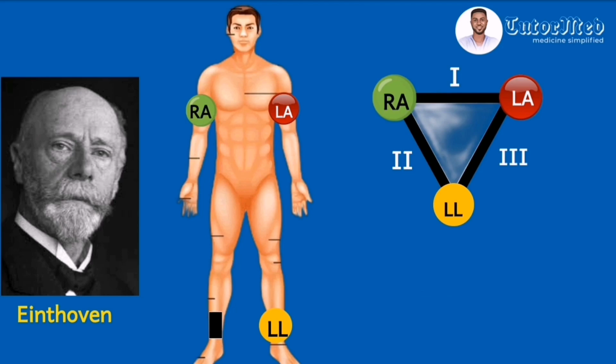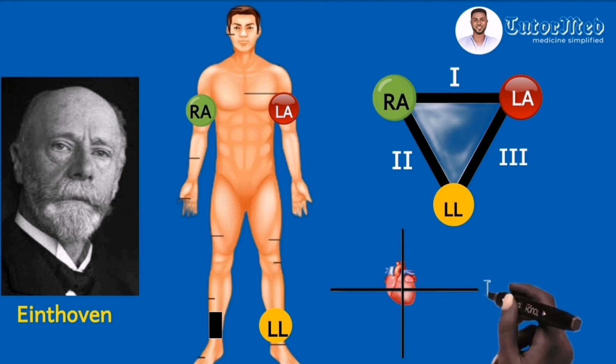Now, with this principle clear and backed, let's move to the significance of leads. Again, we want to simplify this concept without going into the electrophysics. And so this is the heart, and we want to know its electrical activity, right? Now, draw your 4 cardinal points, the horizontal line and the vertical line. Now, on the Einthoven's triangle, look at the direction of lead 1. You see it's horizontal, and so we will put lead 1 here.